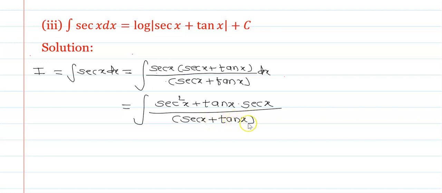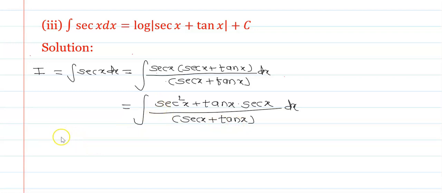Now the substitution again. The function is present and its derivative is also present. Which will be the function here? Sec x plus tan x is the function. The derivative of sec x is sec x into tan x, and the derivative of tan x is sec square.